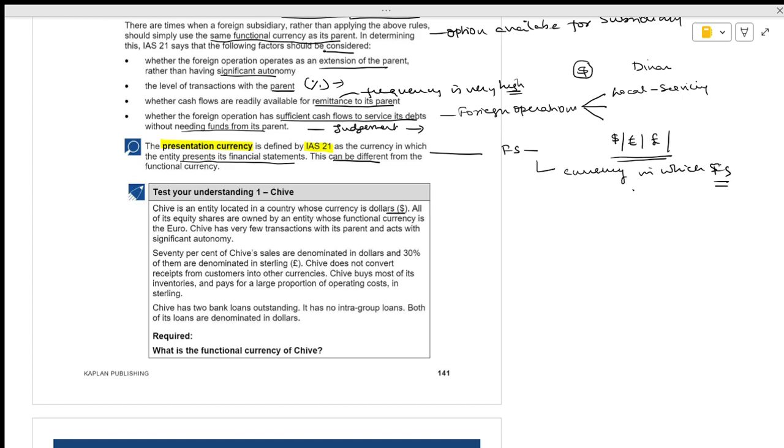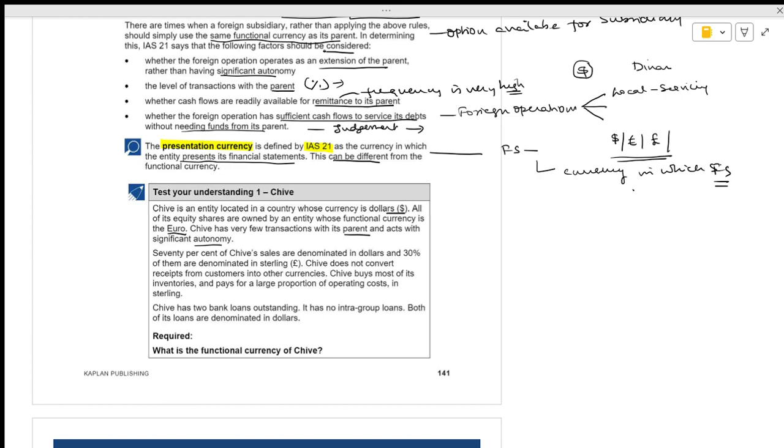All the equity shares are owned by the entity whose functional currency is euro. Clive has very few transactions with the parent and acts as an independent entity.